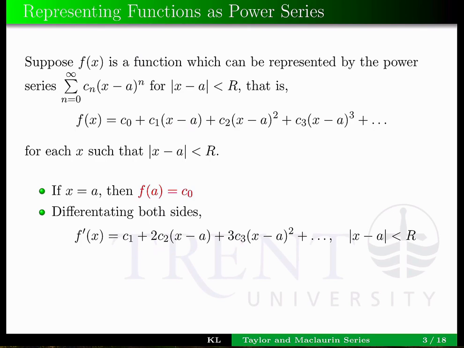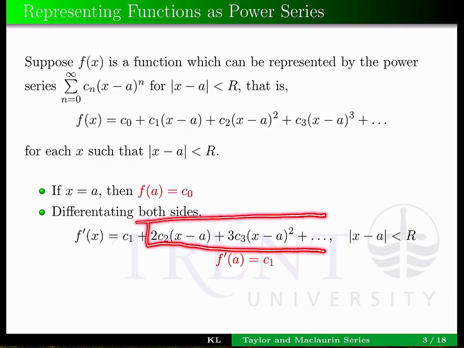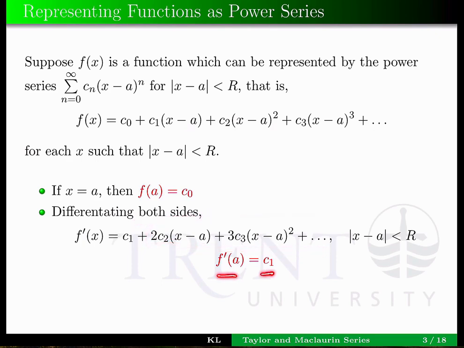And then what we're going to do is to evaluate this at x equals a. If we evaluate this at x equals a, these terms here will all become 0, and therefore f prime of a is just equal to c1.